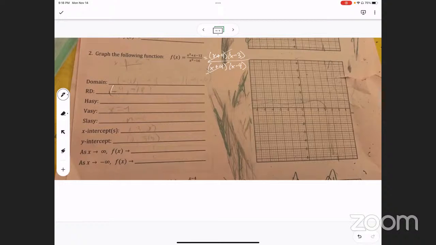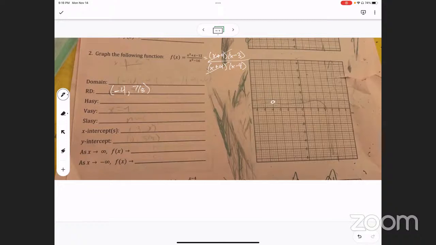You have a hole at -4, comma, whatever you get when you plug -4 into here and here. -4 into here gives you -7 over -8, which is +7/8. So we have a hole at -4 and +7/8 right about there. Draw your hole in there.